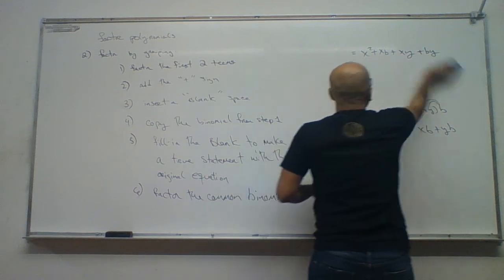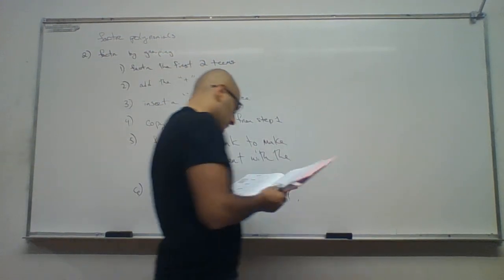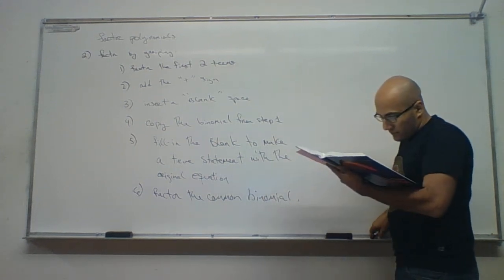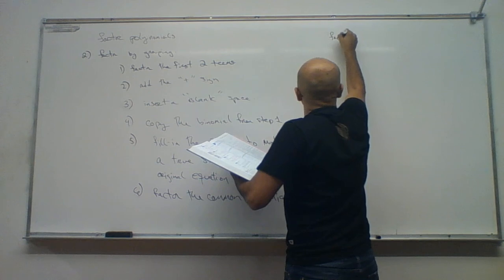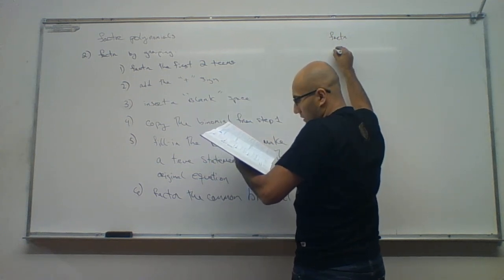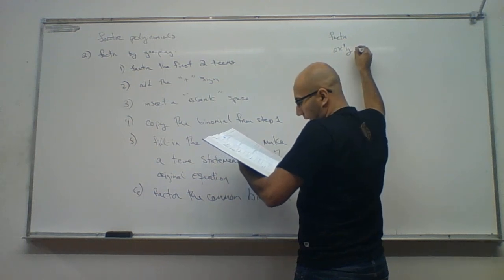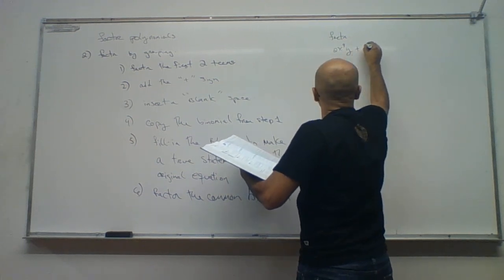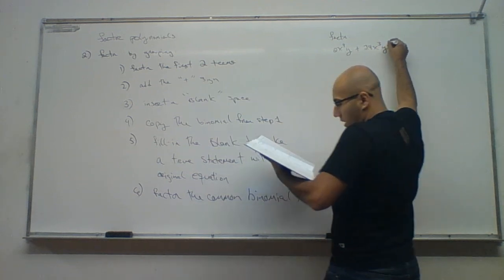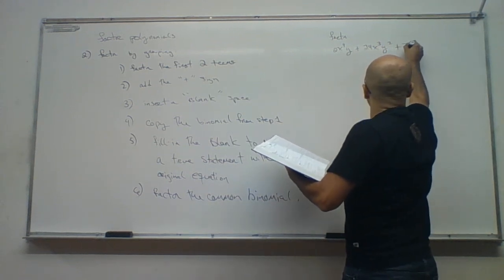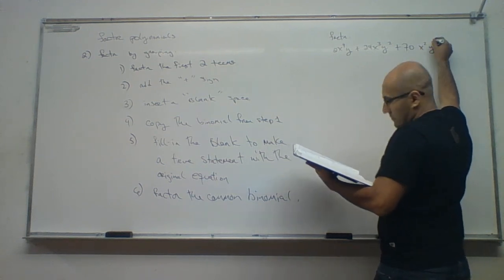So let's say we are given this one. How about this? Factor, and we got ourselves 2x to the fourth y plus 24x to the third y squared plus 70x squared y.